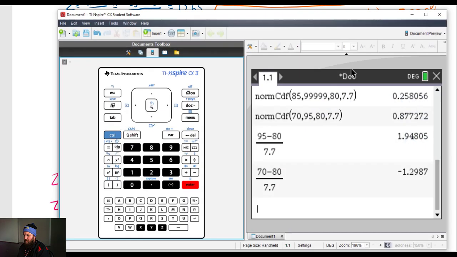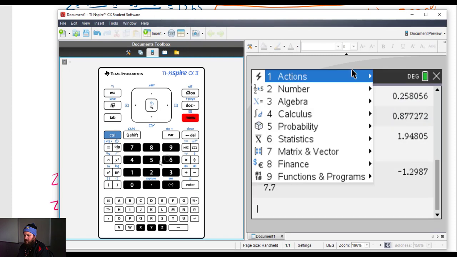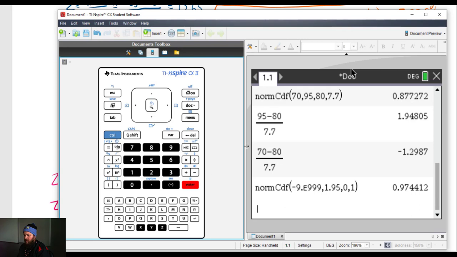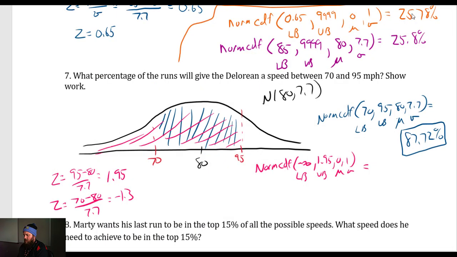So 1.95 is our upper bound, and 0 and 1. It should give 0.9744. Now that's from 95 all the way down to negative infinity.